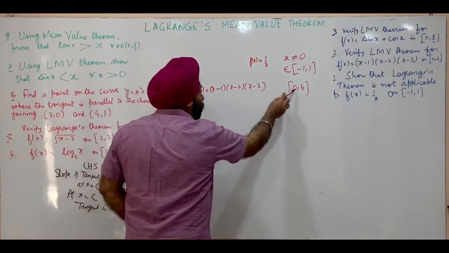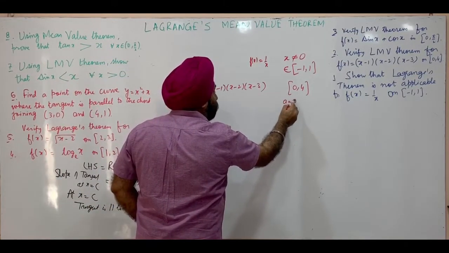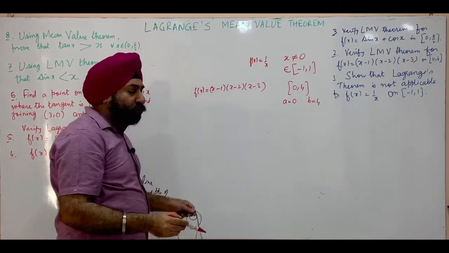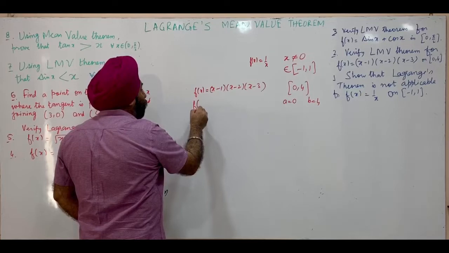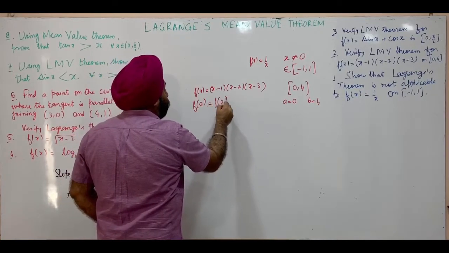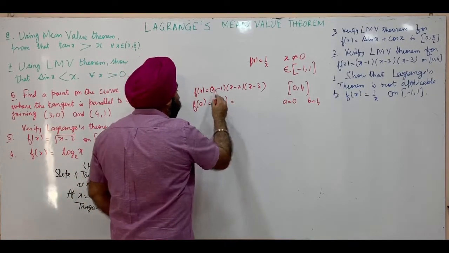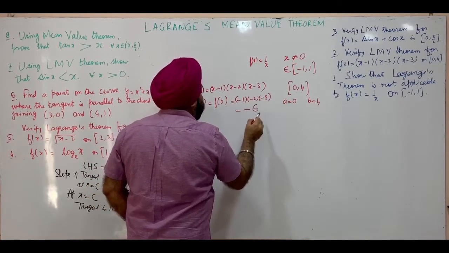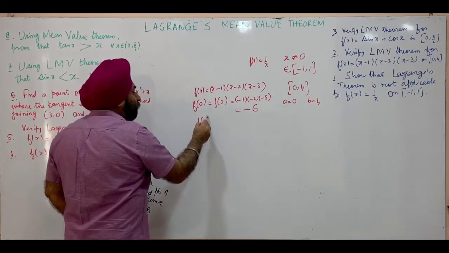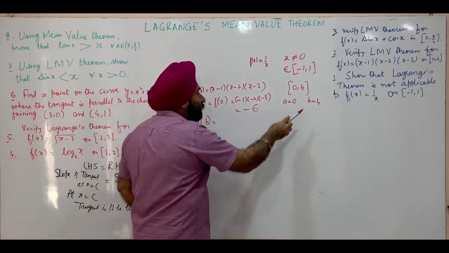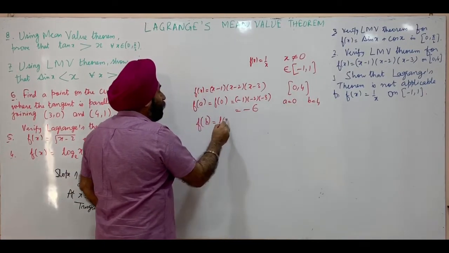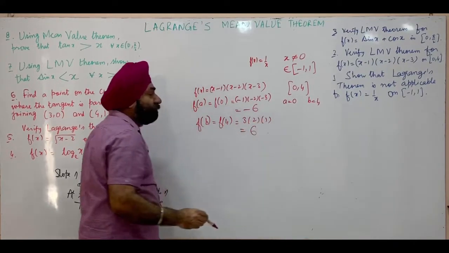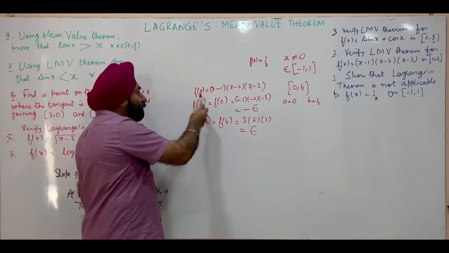So this is the starting point of the interval, a equal to 0, this is the end point, b equal to 4. We need f of a or f of 0. This will be 0 minus 1, 0 minus 2, 0 minus 3. This is minus 6. Then we need f of b. F of b is f of 4, and this will be 3 into 2 into 1. This is 6.